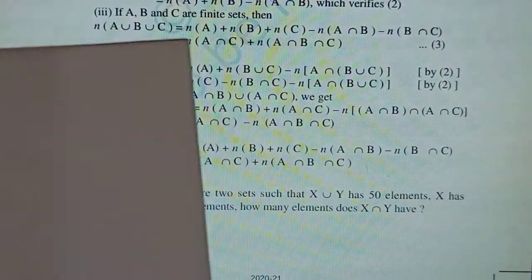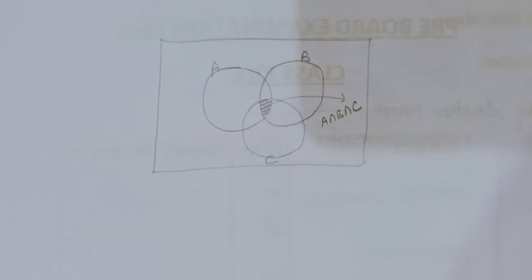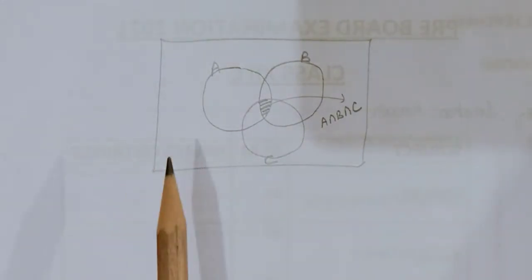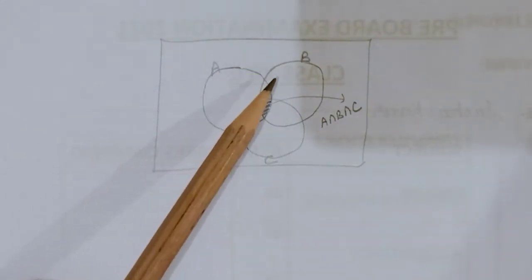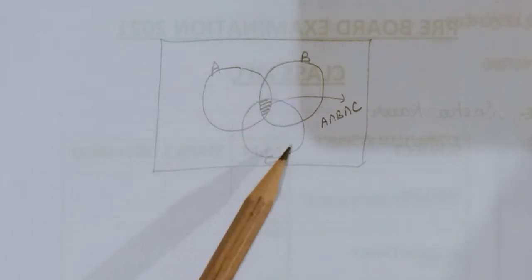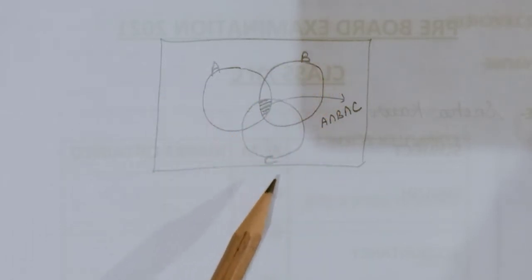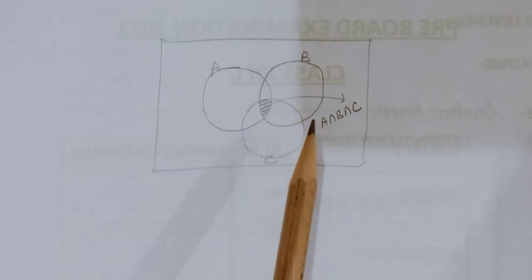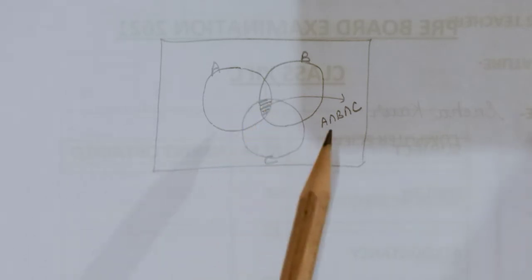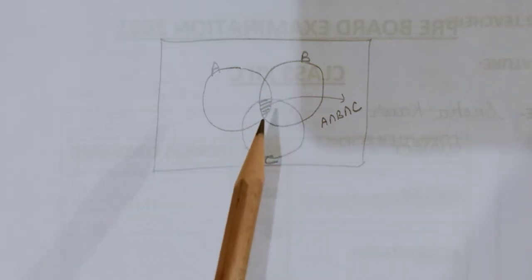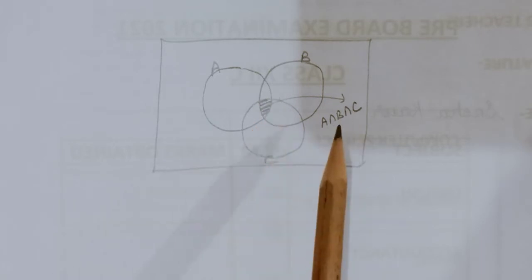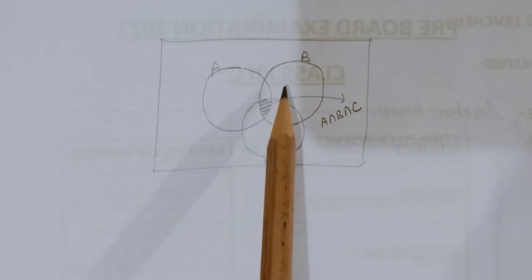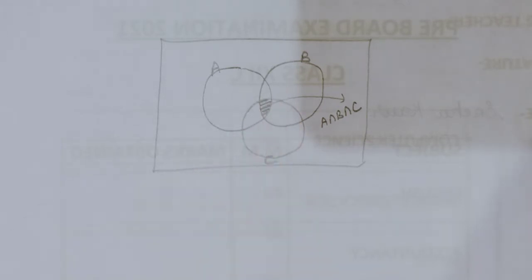Now why do we have to add that intersection of all 3? That question comes. So this is the case. When you are taking A, B, C, this A whole is coming, then this B portion is coming, and C is coming. As we were seeing, intersections will come 2 times, so one time you will minus them. And when you're subtracting those intersections, this common part, which is A intersection B intersection C, this portion that I have shaded here, is present in A as well as B as well as C. This is the portion common to all 3.